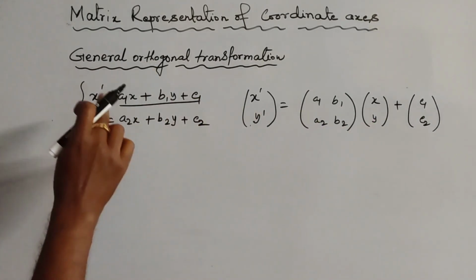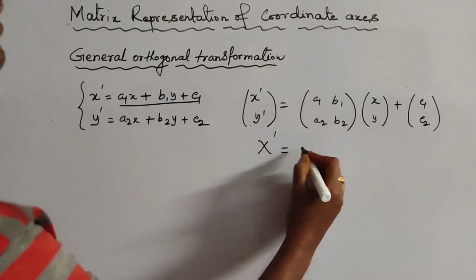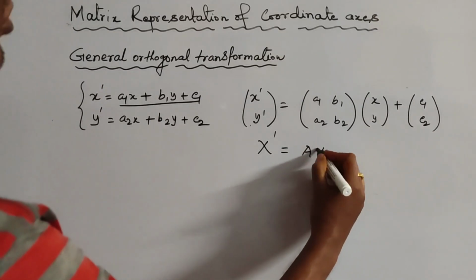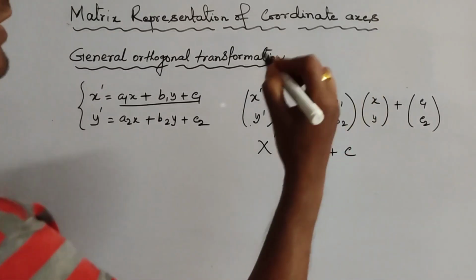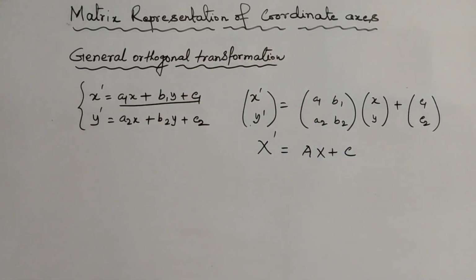So this general orthogonal transformation can be written as x dash equal to A times x plus C, where C is this column vector, x is this, and A is this.